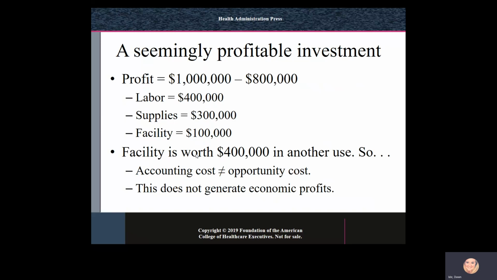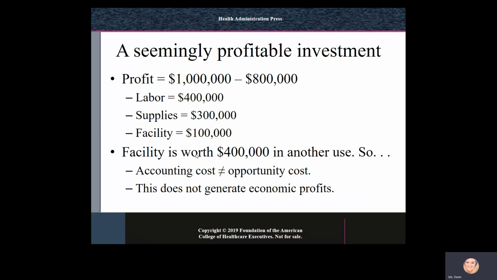The second bullet point here says that the facility is worth $400,000 in another use. So the accounting cost does not equal the opportunity cost. It does not generate economic profits. The facility is worth $400,000 in another use.